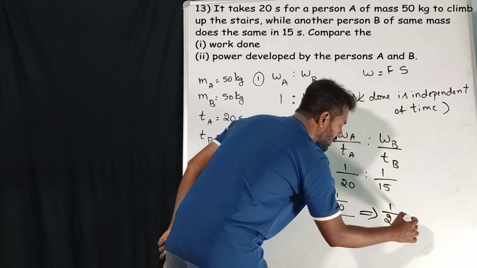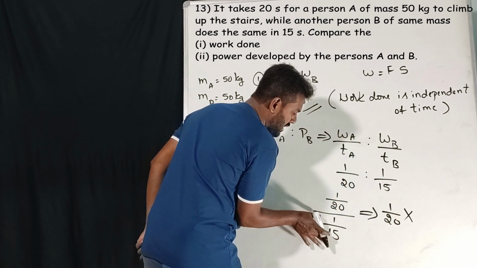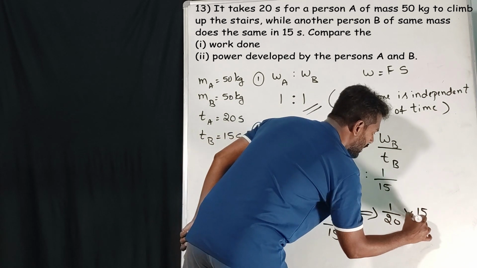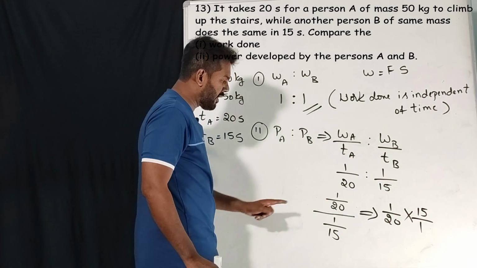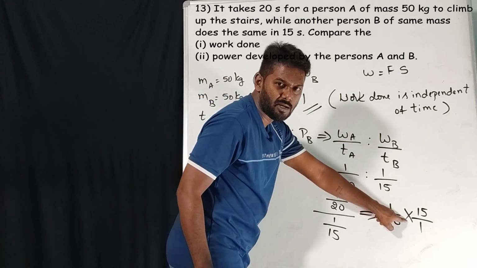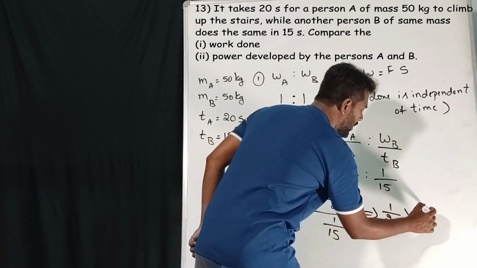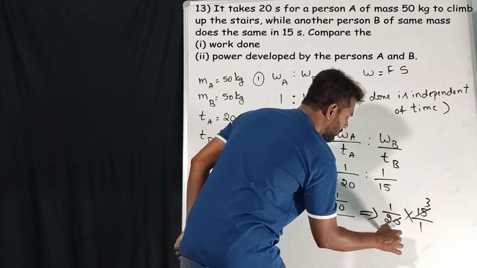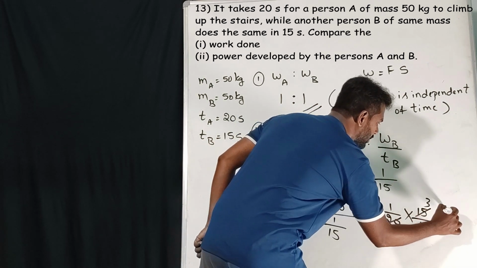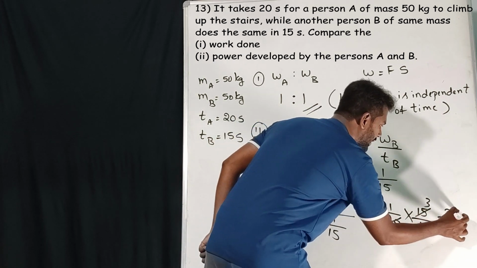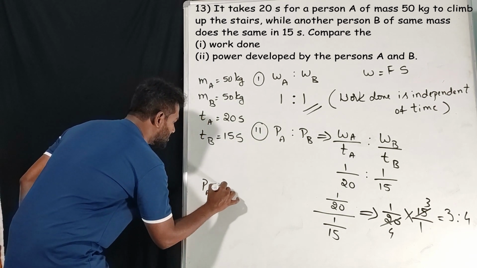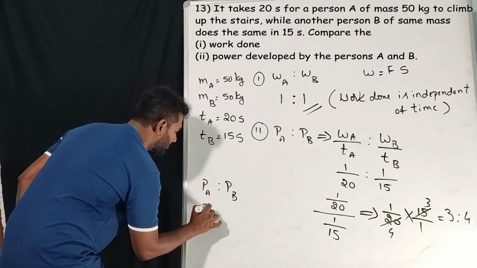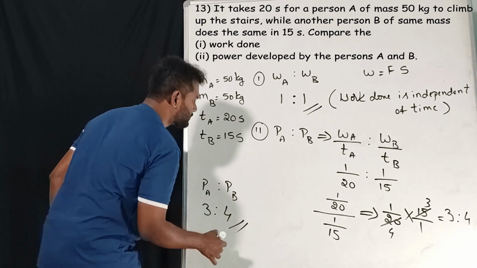Instead of division, you can take it as multiplication, then take the reciprocal. 15 divided by 1. 1/15 will become 15/1. Why? Because division is becoming multiplication. So 5 3s are 15, 5 4s are 20. Numerator we have 3, denominator we have 4. So PA is to PB will be 3:4.